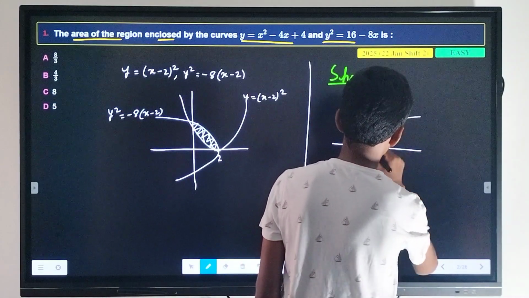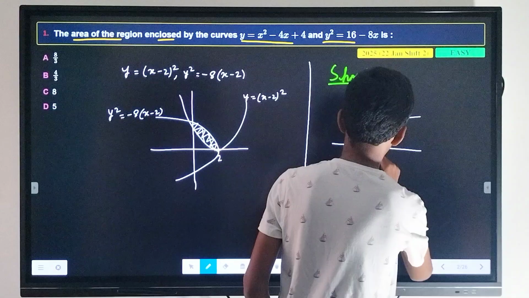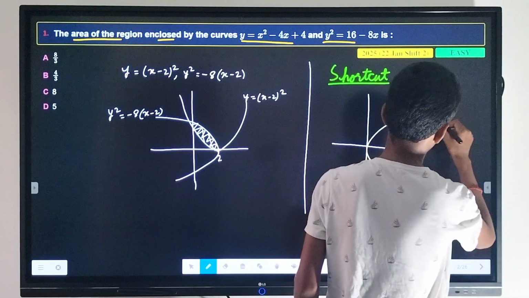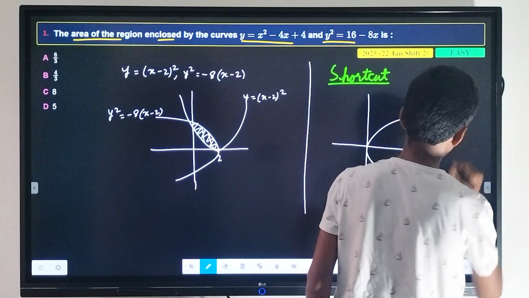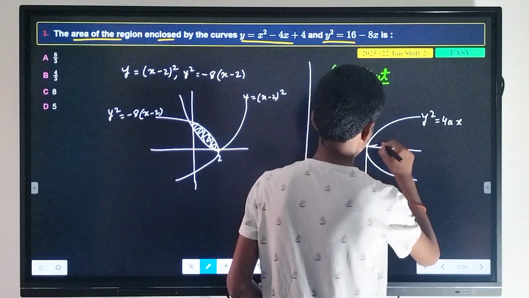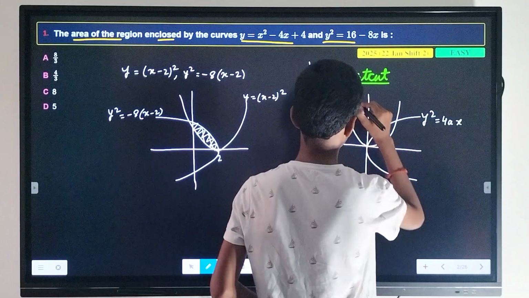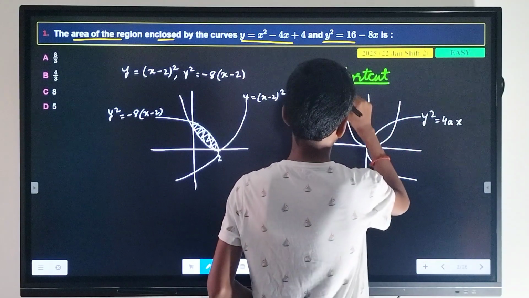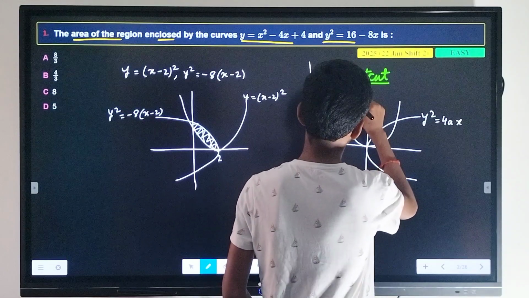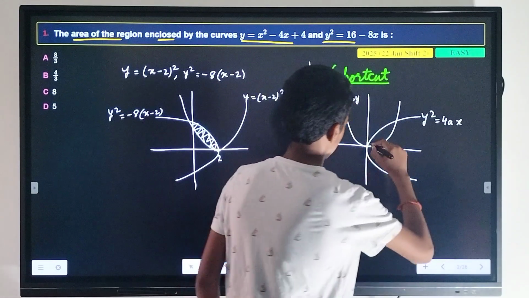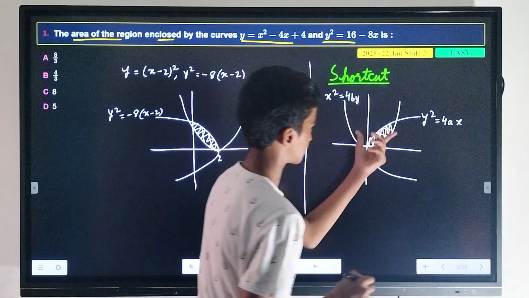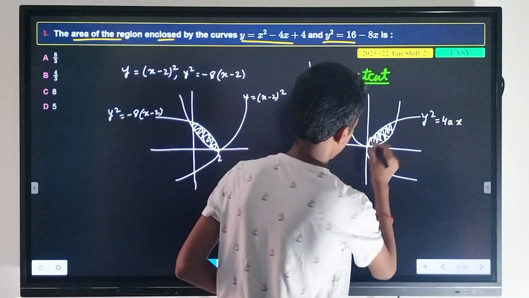Let's say one is y square is equal to 4ax, and the other parabola is x square is equal to 4by. So here is our region which we need to find the area of.